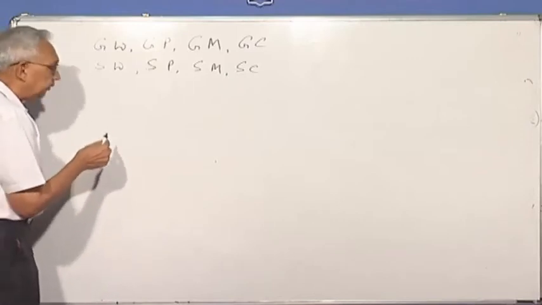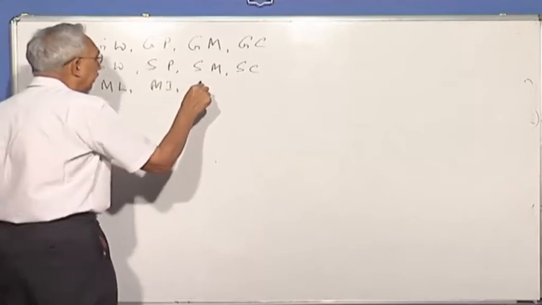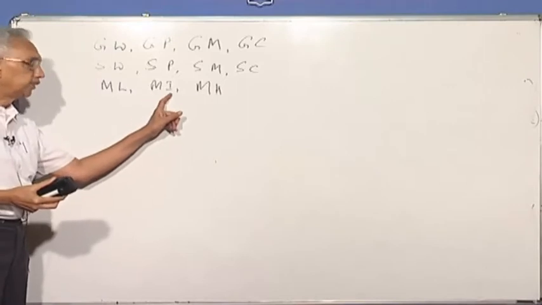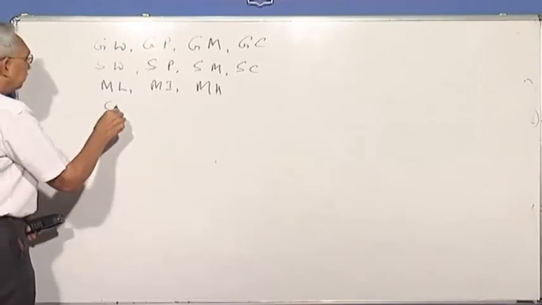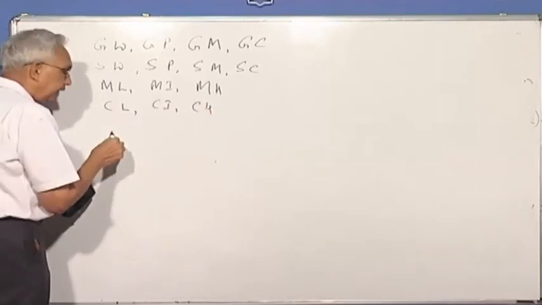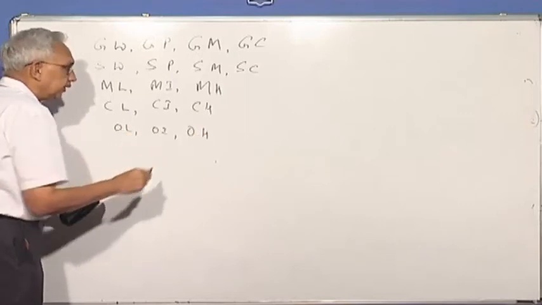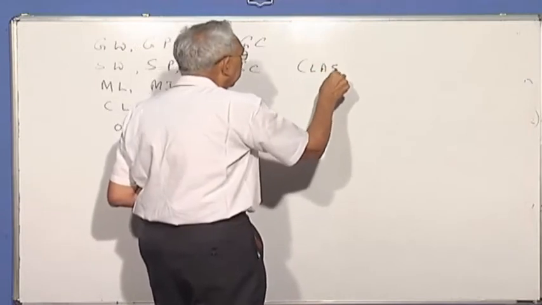Then when we come to silts and clays, we have ML, MI, and MH. This is a silt of low plasticity, silt of intermediate plasticity, and silt of high plasticity. We have similarly CL, CI, and CH. And if you deal with organic soils, we can also put in these. Based on this, we have several classification charts.